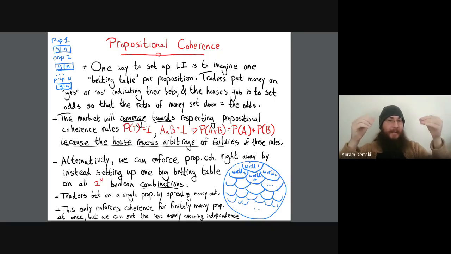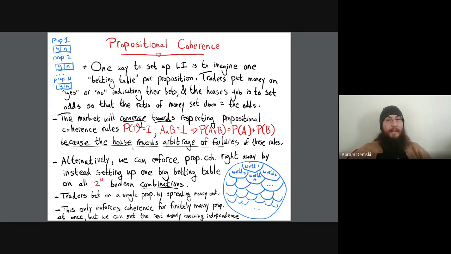So you've made money in either of these two cases that we think of as eventually coming true. And so then the House just considers you to have made that much money. And so in that version of logical induction, eventually we become propositionally coherent. The market learns to be propositionally coherent.